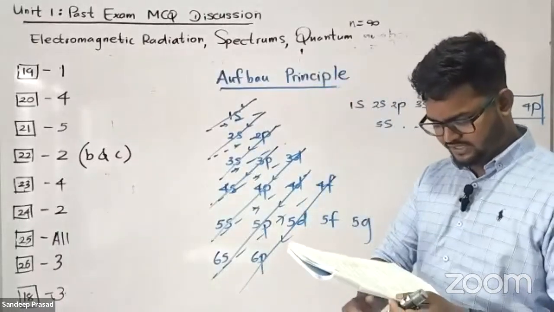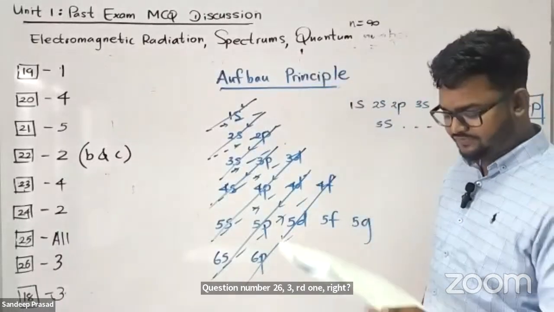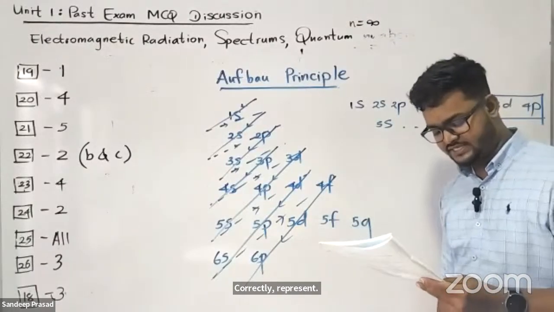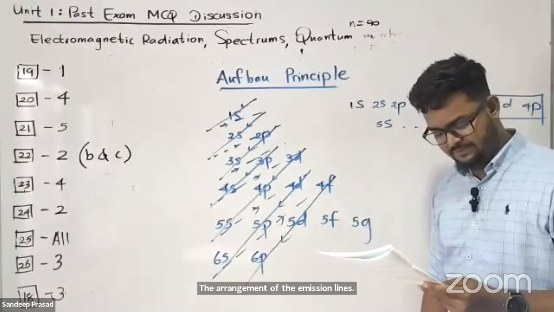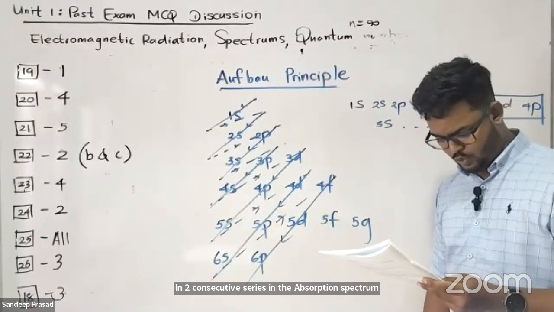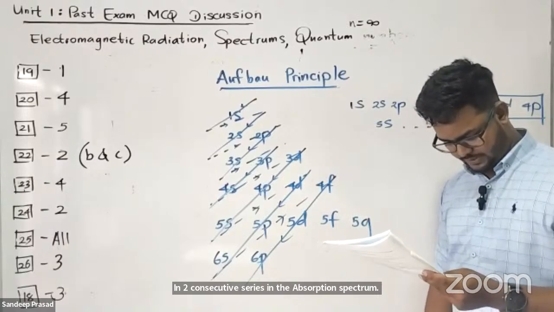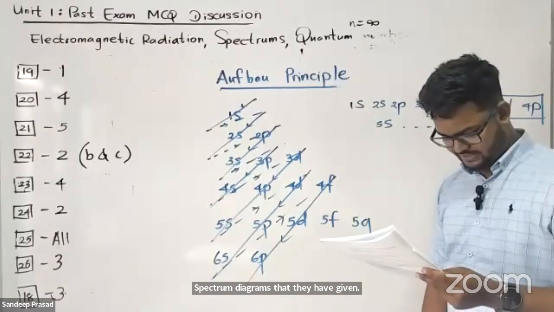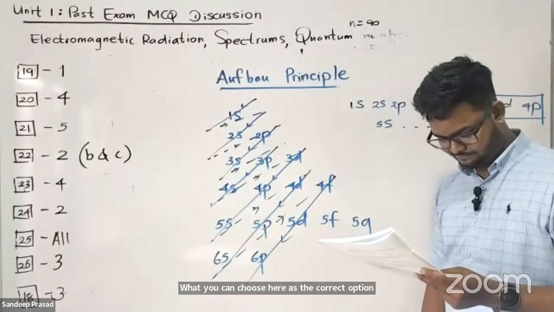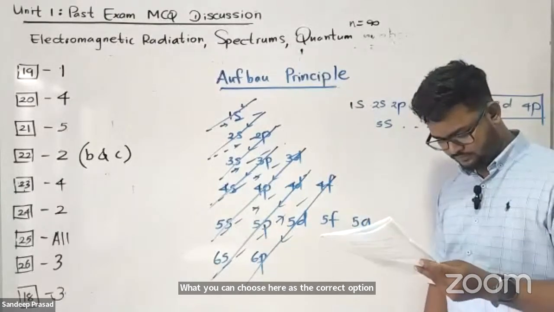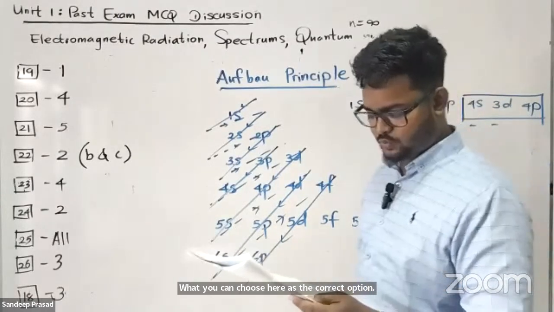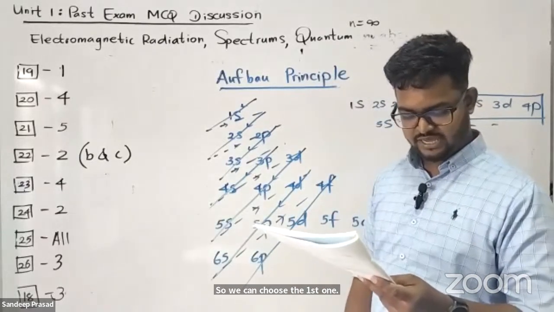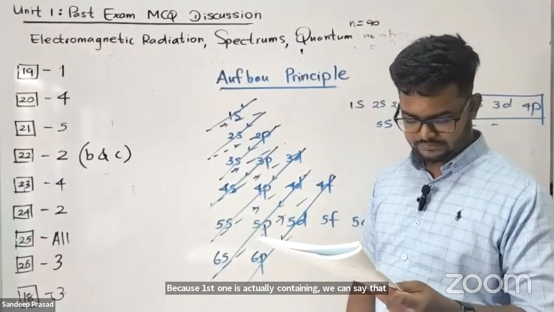Shall we move to question number 27? Which of the following correctly represents the arrangement of the emission lines in two consecutive series in the absorption spectrum? So students, according to the spectrum diagrams that they have given, what can you choose here as the correct option? We can choose the first one, because the first one is containing Lyman and Balmer together, right?